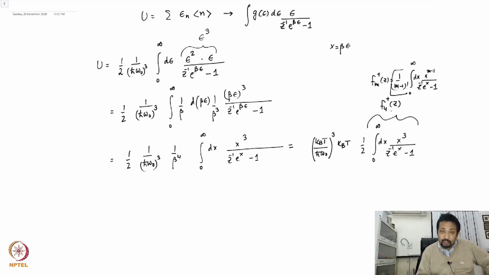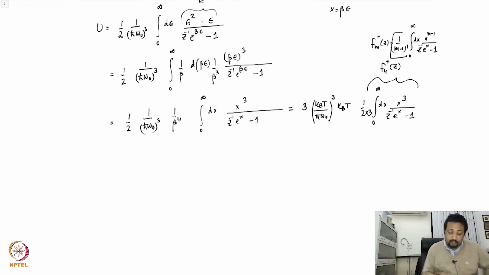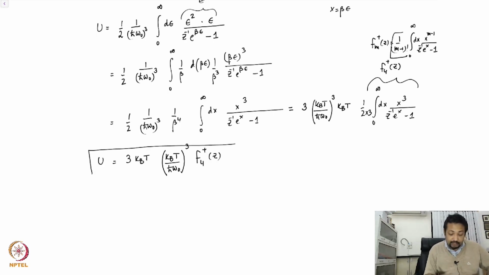This is 3 factorial. For f4 I have a half. That is easily remedied by bringing a factor of 3 in the denominator as well as in the numerator. So I have 3 kBT over h bar omega naught whole cube, and I have f4 plus of z, and this is the energy I'm looking at.